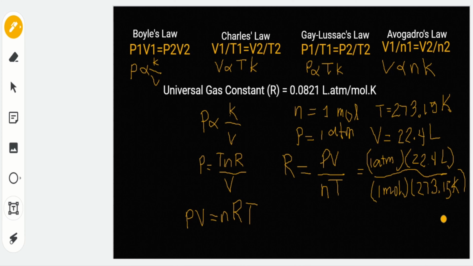So, pag divide natin yan, we have here 22.4 divided by 273.15. So, we have universal gas constant in these units, no? We have 0.08206 2.